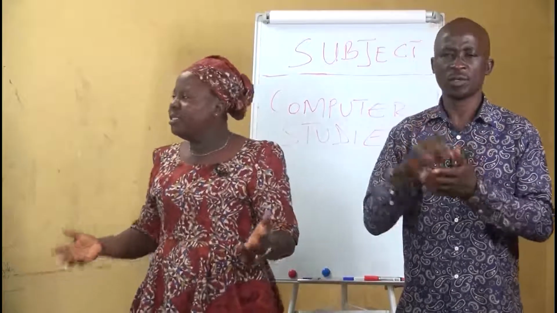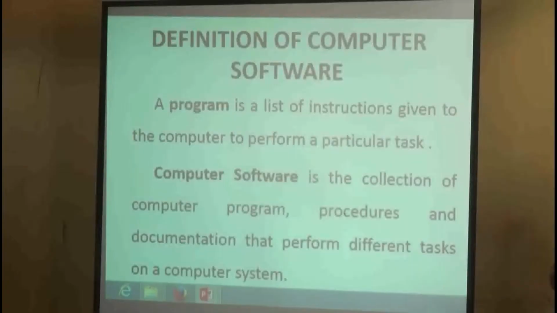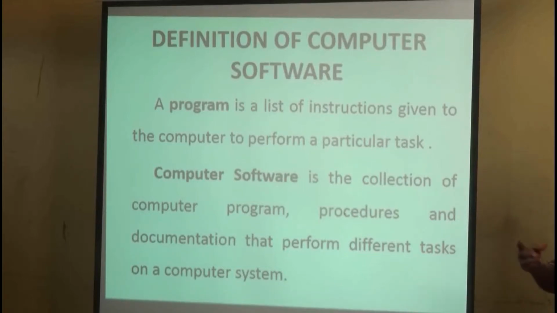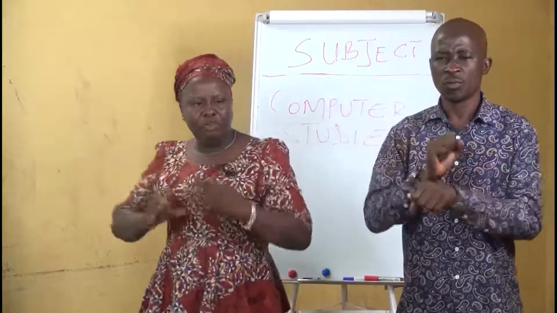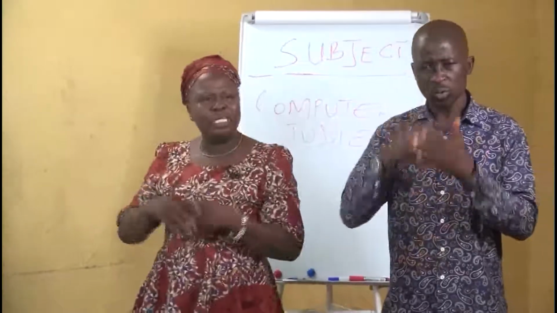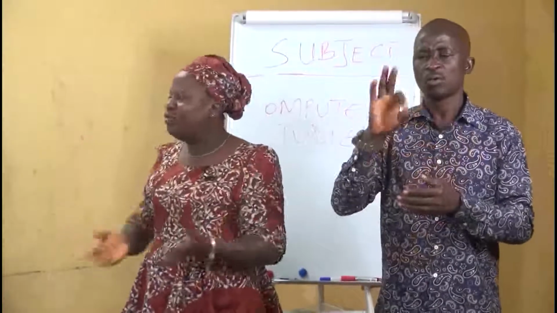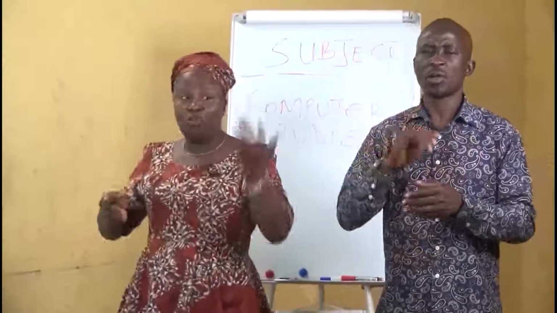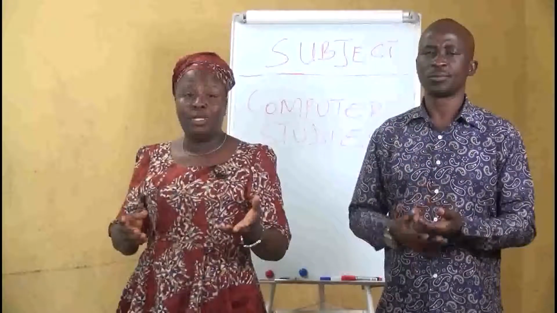Again, computer software is the collection of computer programs, procedures, and documentation that perform different tasks on a computer system. If you can understand what computer system software is all about, now we have different types of computer software.